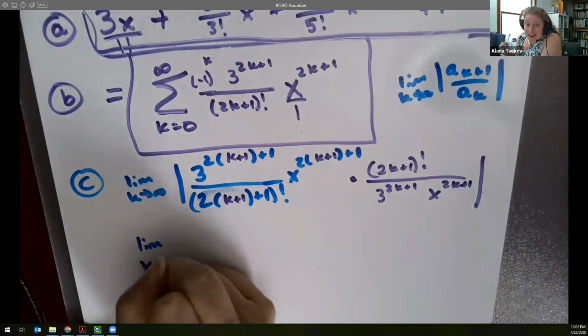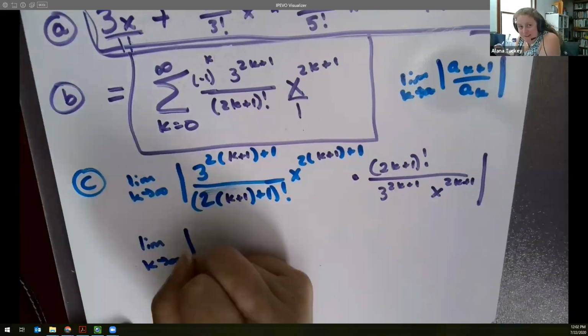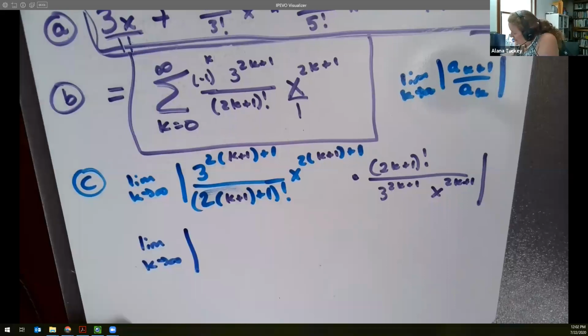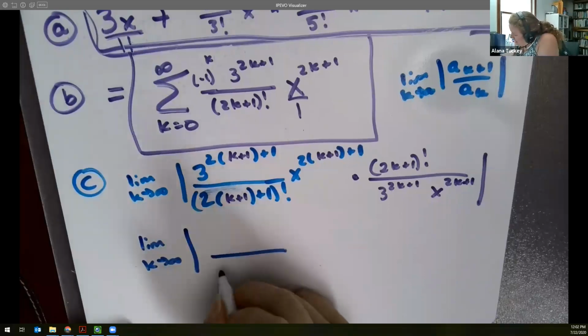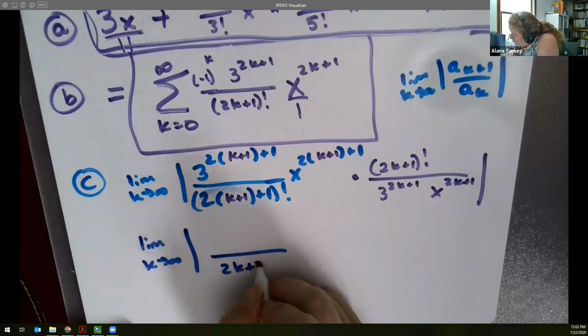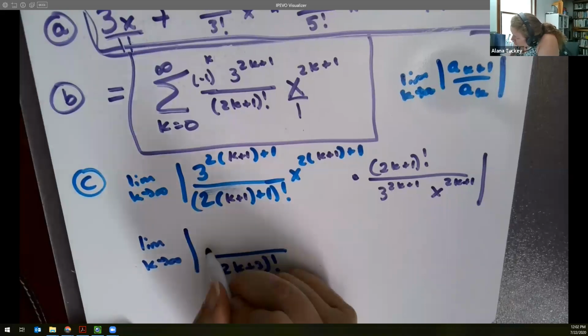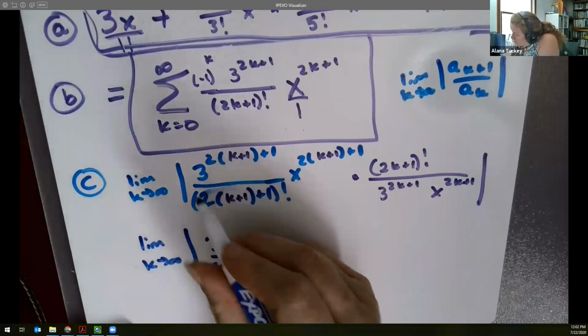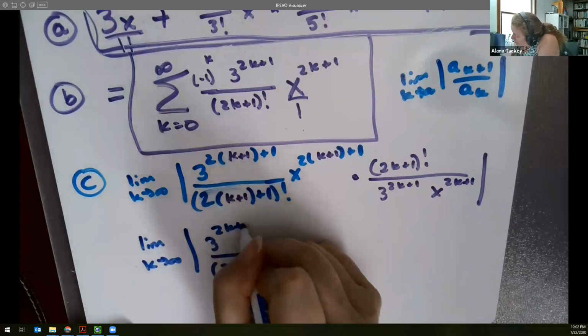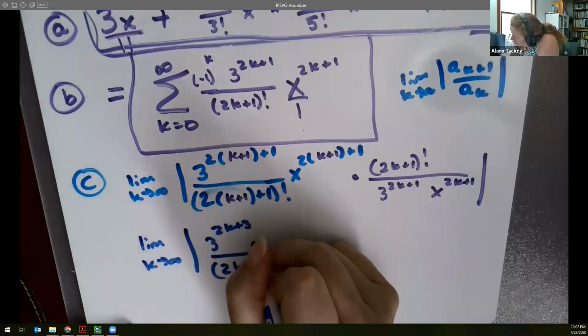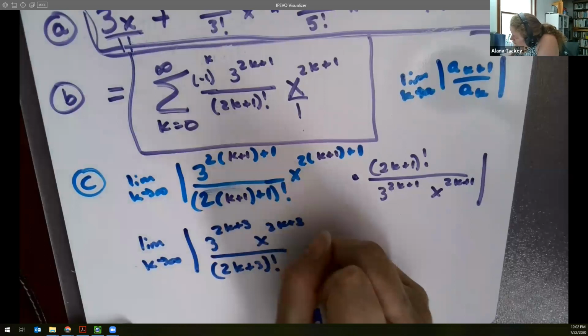The first conversation I ever had with my husband was about why calculus students have such struggles with algebra. All right, so this is 2k plus 3 factorial. This is 3 to the 2k plus 2 plus 1, which is 2k plus 3. I'm going to put this x to the 2k plus 3 right here, times 2k plus 1.